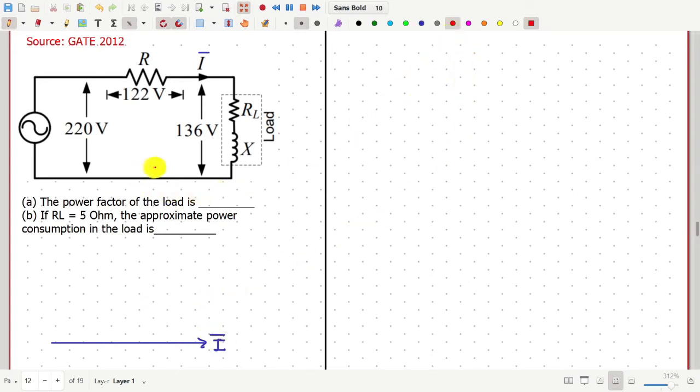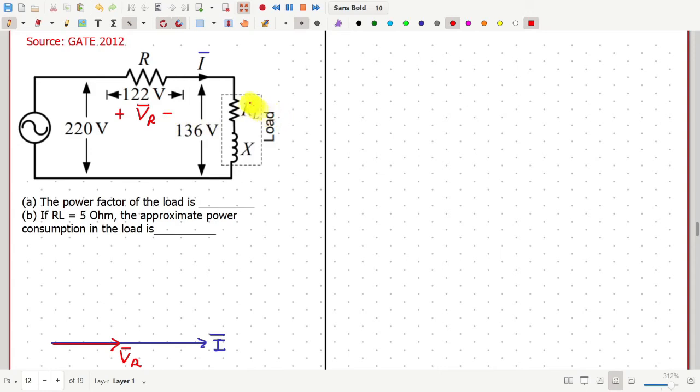Then the voltage across this resistance, call that VR bar, plus minus, that will be in the same direction as the current I. So this is VR bar.